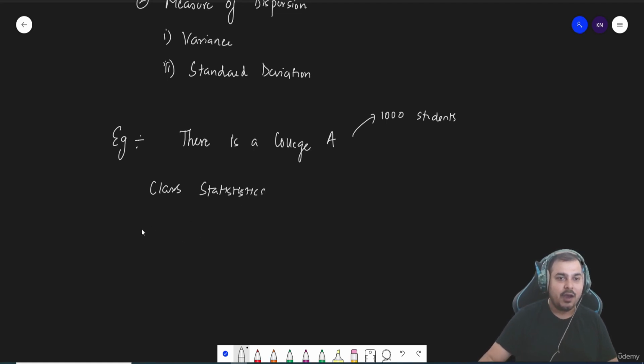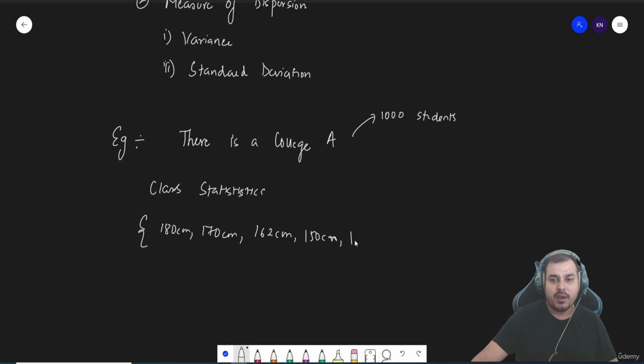Now I have randomly picked up some heights of the students, like 180 centimeters, 170 centimeters, 162 centimeters. Like this, I have randomly picked up some people. Let me write down some more information. Here I have 150 centimeters, 160 centimeters, like this. So I have picked up this sample of students.